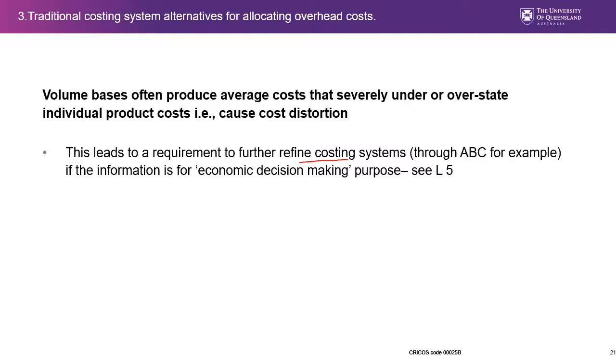But if they use different activities in different proportions, then using a volume basis isn't going to reflect their use of overhead. And this information will be distorting the costs and therefore won't be as accurate for economic decision making.